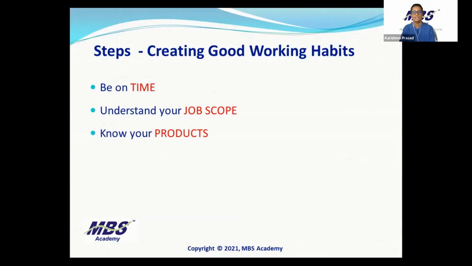The third step to creating a good working habit is to know your products. Now, when I say to know your products, I don't only mean the functionality of your products, but also the limitations of the products. I've spent a few years in the pharmaceutical industry, so I can relate to vaccines very easily. A common one that you can relate to right now is the COVID-19 vaccine. We all know that the vaccine has come out, right?